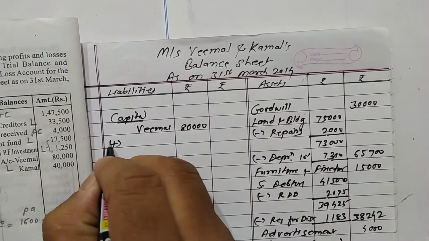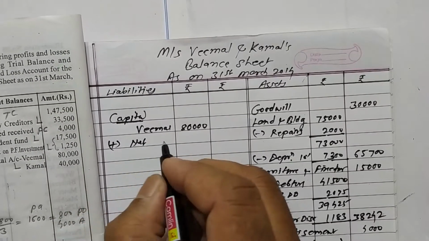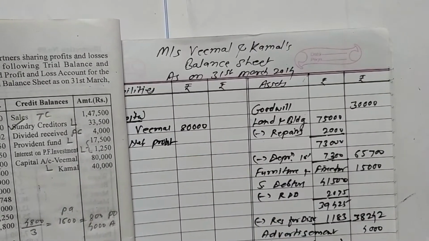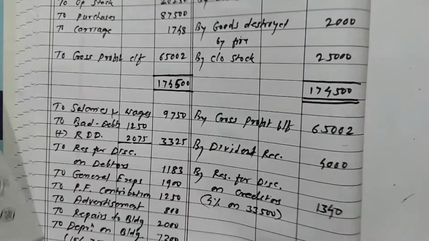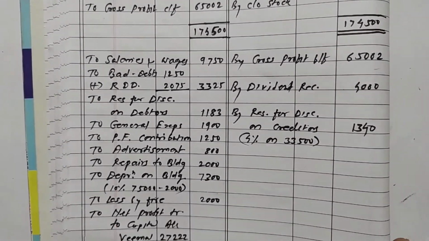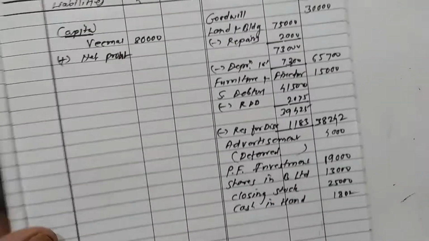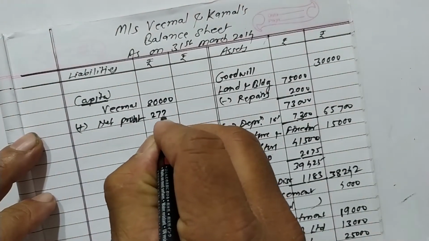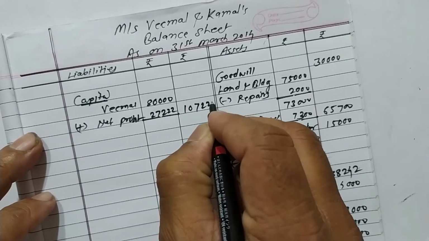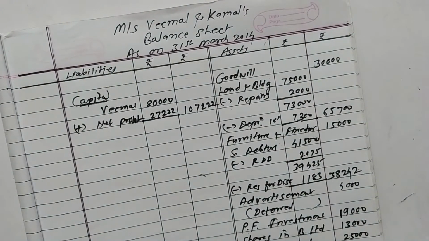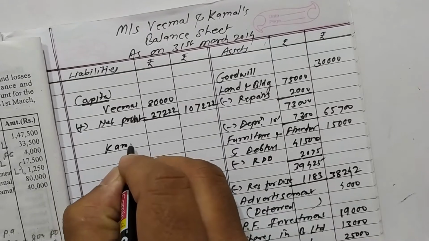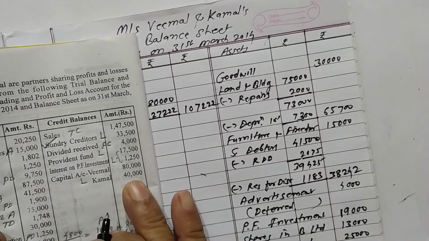We have to add net profit, rupees 27,222. Total 1,07,222. Next name is Kamal. Kamal's capital, rupees 40,000.